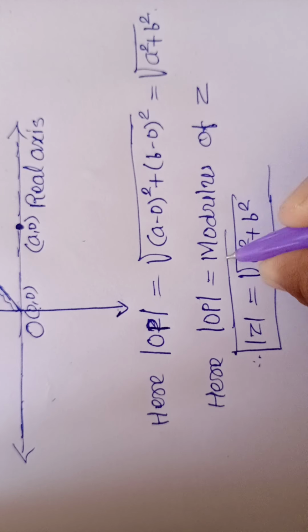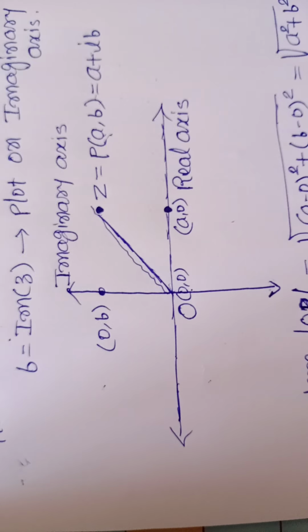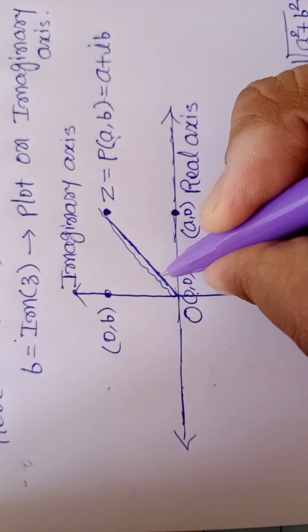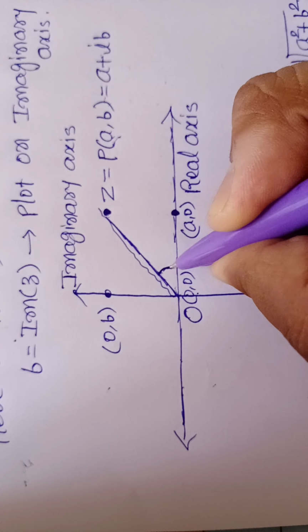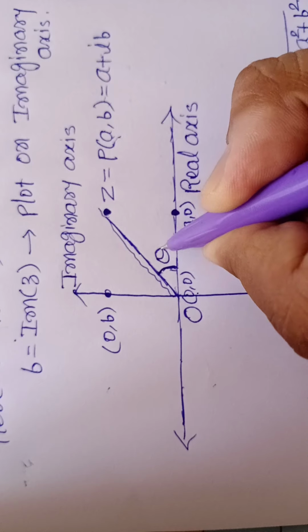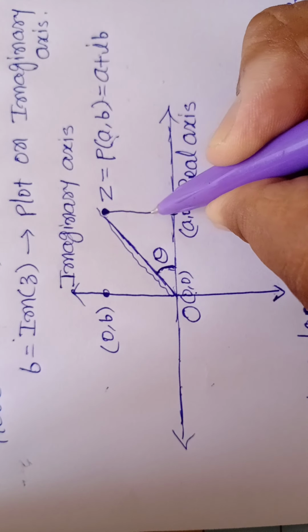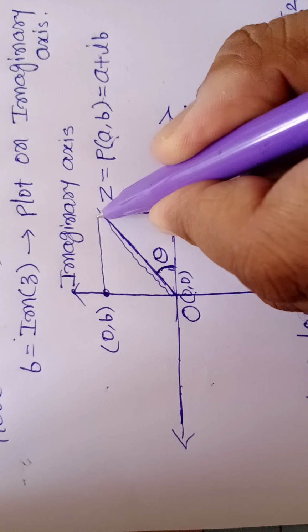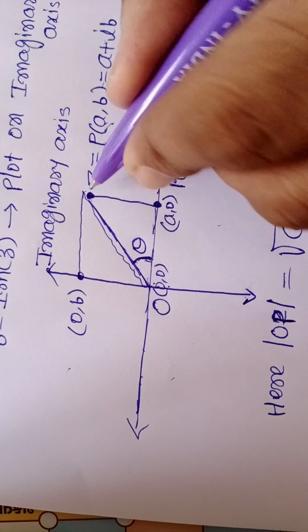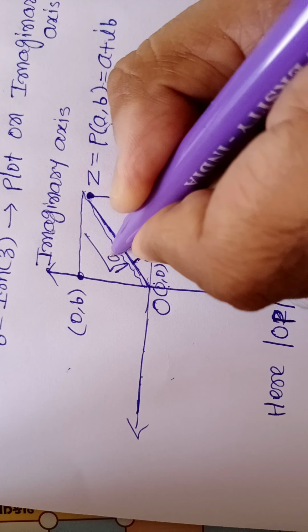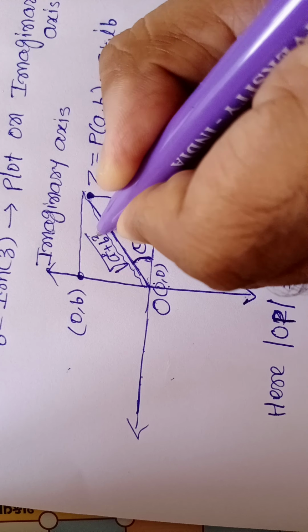Now see once again this diagram carefully. Let us take here any angle. This angle is theta. Then remember that you know cos theta and sin theta very well, right? Okay, now this distance is under root a square plus b square.